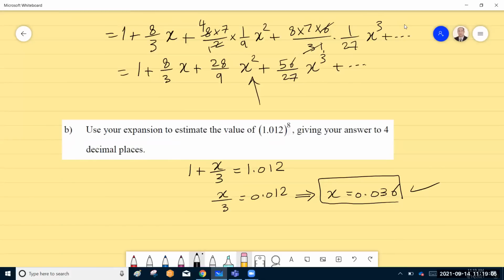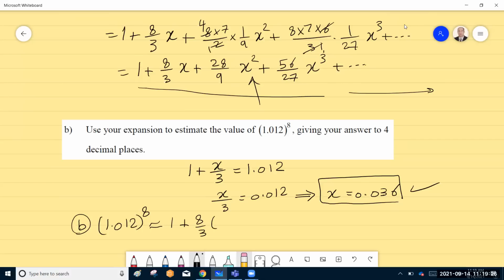So the value of 1.012 to the power of 8 will approximately equal, because I take only the first 4 terms and ignore the rest of the expansion since those will be very small values that can be neglected: 1 plus 8 thirds into x, 0.036, plus 28 over 9 into 0.036 squared, plus 56 over 27 into 0.036 to the power of 3, and so on.